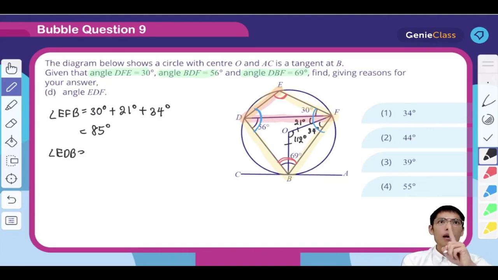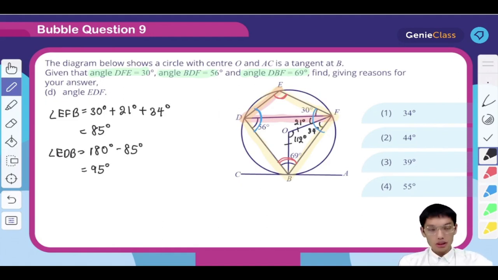And that's where you have your other property, EDB. Follow the blue color segments. Blue color arc, blue color arc. Because this gives me 180 minus 85 degrees. This is equal to 95 degrees. And the reason is, recall, angles in a cyclic quadrilateral, or opposite angles in a cyclic quadrilateral. But an easier way to write it is angles in opposite segments.